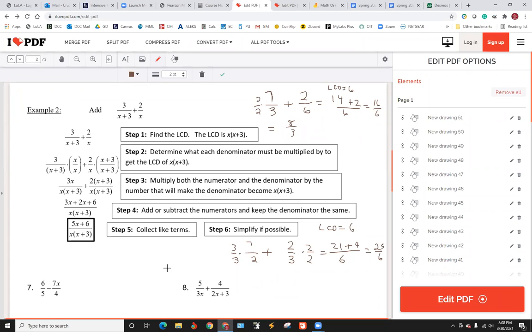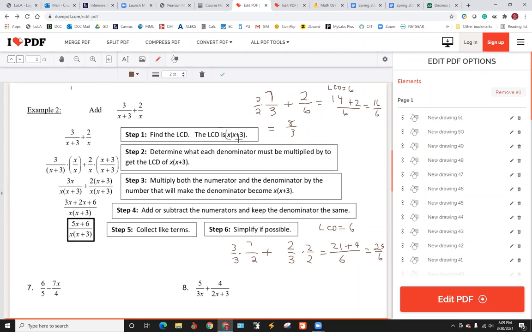All right, so let's look at this example. We've got 3 over x plus 3, plus 2 over x. You might be tempted to think, well, I could just multiply by 3, but that's not a factor here. That's x plus 3. We don't know what x is, so 3 is not going to work. We've got to multiply to get the LCD, and the LCD is just multiplying these two together like we did down here.